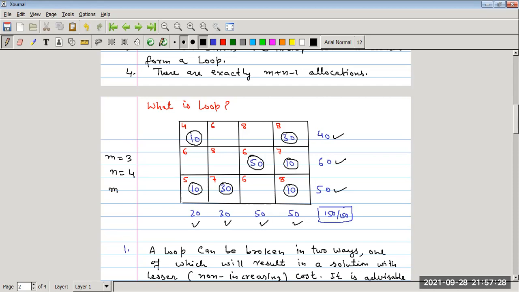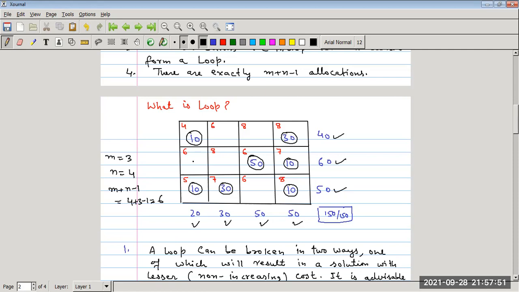So for a basic feasible solution, we need m plus n minus 1 allocations. That is 4 plus 3 minus 1, which equals 6. But what we observe in this situation is that, although it satisfies all the supply and demand constraints, the number of allocations is not exactly m plus n minus 1.